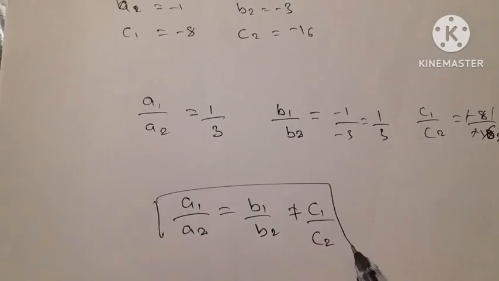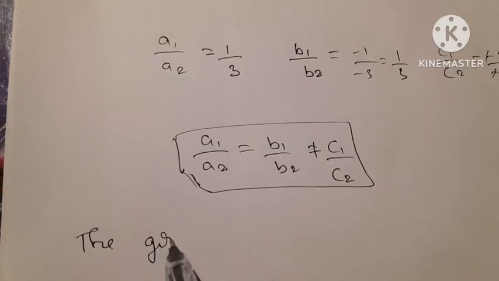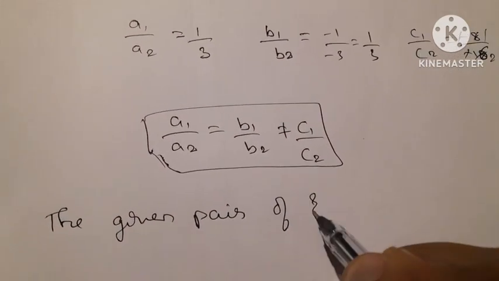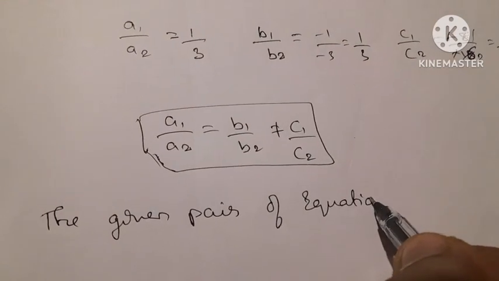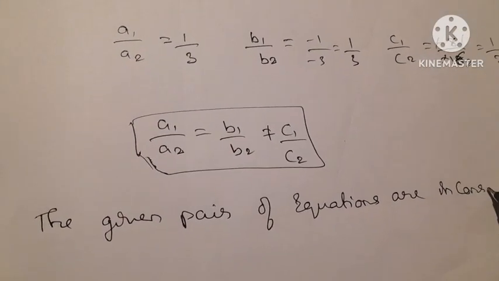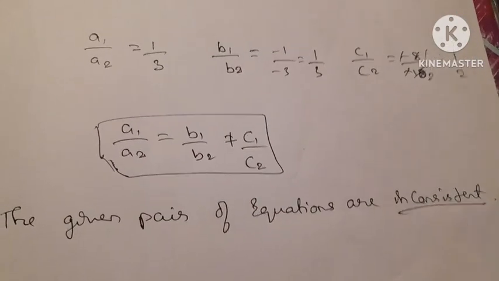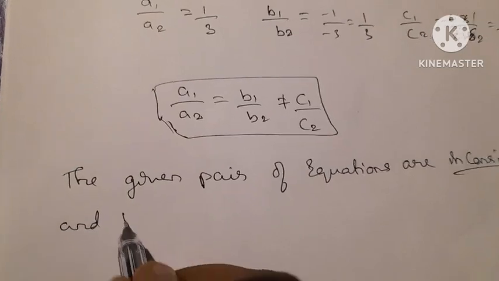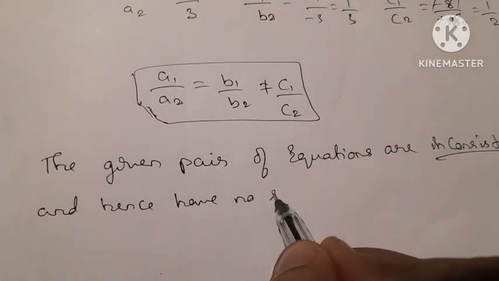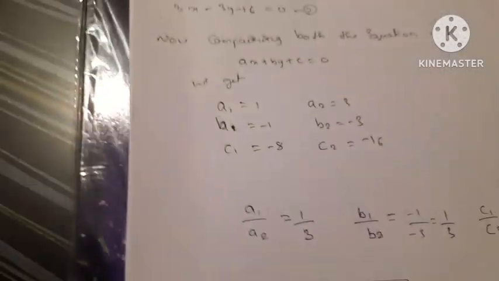So in this condition, the given pair of equations are inconsistent and hence have no solution. This is for question number 2.